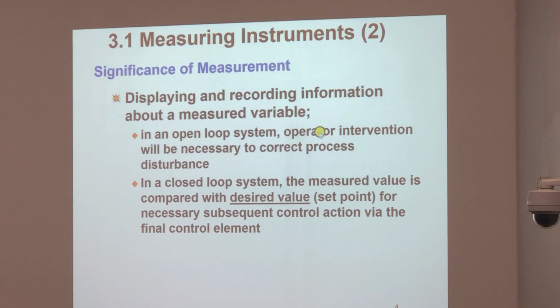For a closed loop system, whatever I measure is sent to the control system itself, compared to the set point, and then it decides whether to take action to switch the aircon on or off in this lecture hall. So the purpose of the sensor or instrument is display, record, and give us different actions, depending on the loop that we want to use, okay?